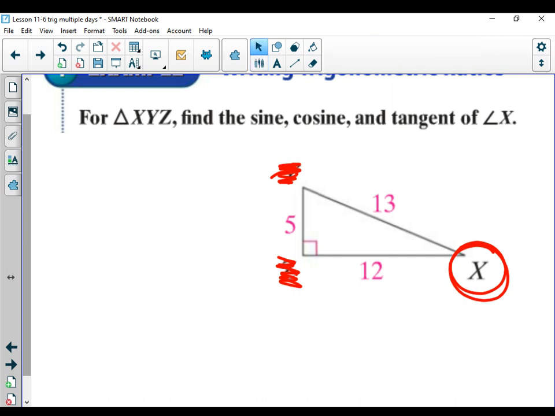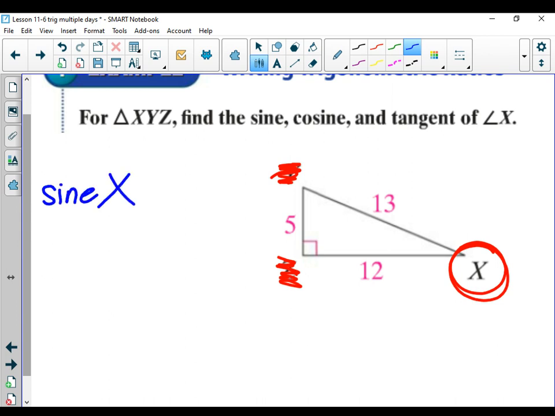Sine, and then usually they put the angle that you're looking at, so sine of X. Sine says look for the opposite leg and put it on top. So which leg is way over there from X? Which leg? 5. So opposite leg hopped out, 5 hopped in.